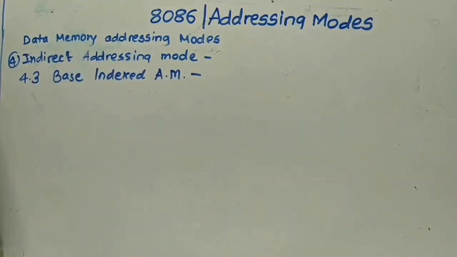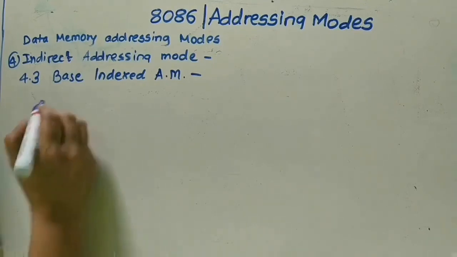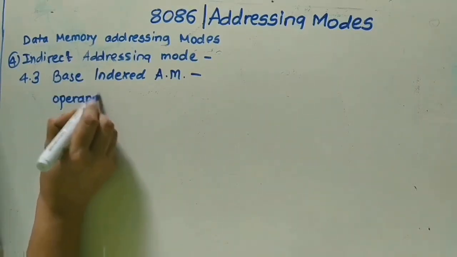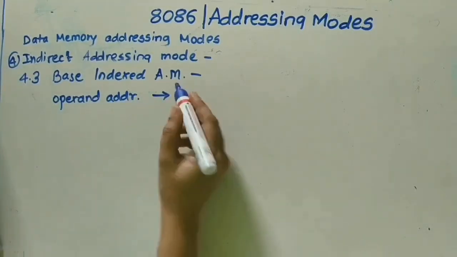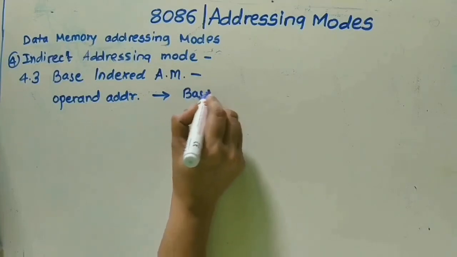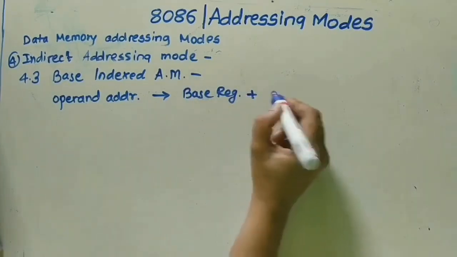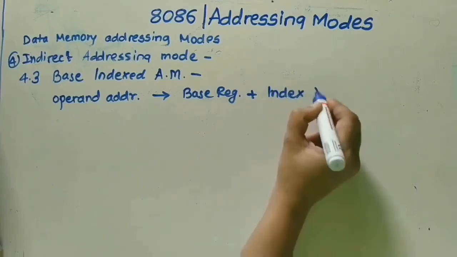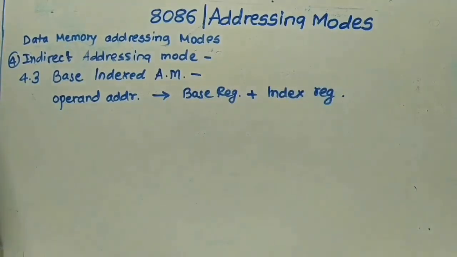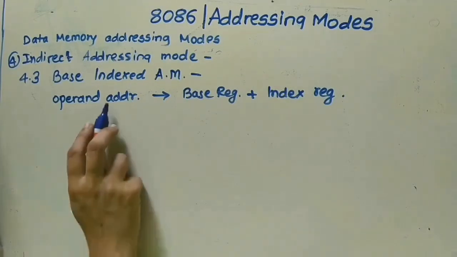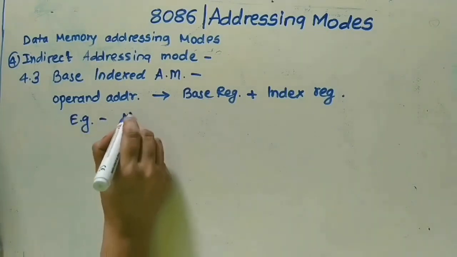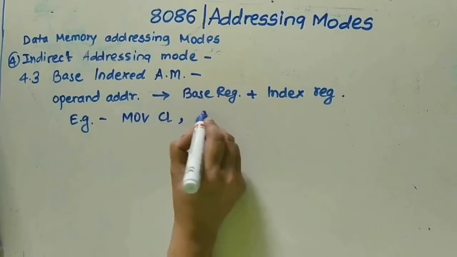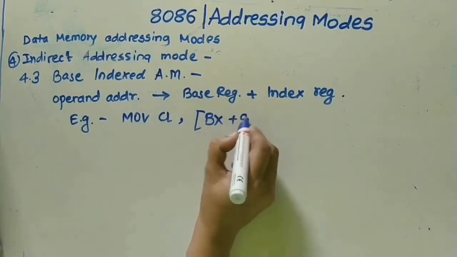Next is base indexed addressing mode. Here the operand address is specified in the instruction, and that operand address is specified by the base register plus the index register. That means the summation of the base and index register specifies the operand address. Let's consider the example, MOV CL, BX + SI.